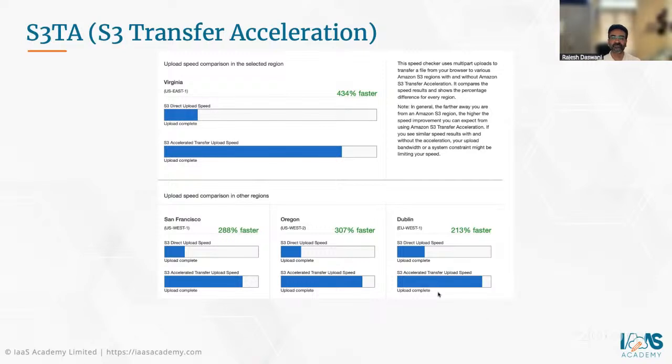In this screenshot, you can see that with transfer acceleration, the upload completes 434 times faster than the standard internet upload to North Virginia, for instance. And likewise, using transfer acceleration, your speeds will be much, much better. So just remember S3 transfer acceleration for the exam.